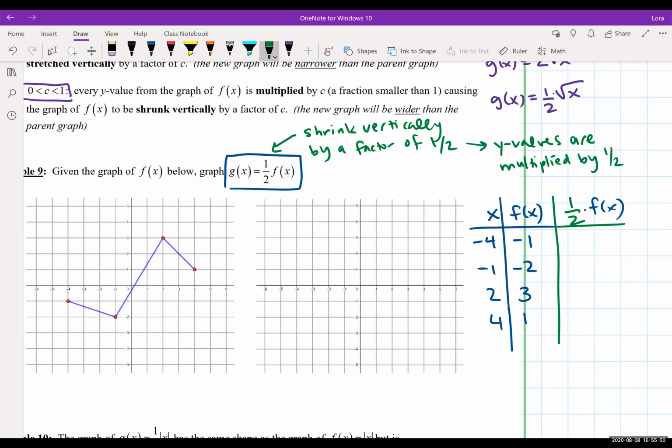Everyone's different. So I try to present both ways so that you guys have options. So if we do that, we're going to say, okay, what is 1/2 times -1? That should be -1/2. What is 1/2 times -2? That should be -1.